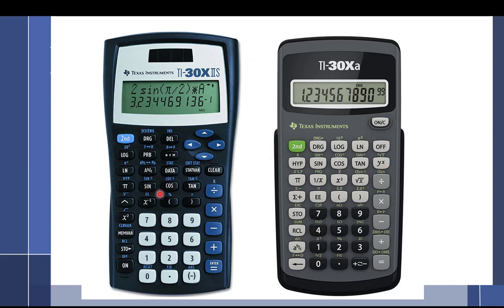This one's different, so we're going to look for the right key. Yeah, that one. So 3, that one, to the 4th, equals 81. Everybody got that? If you got this calculator, you can do this one here.